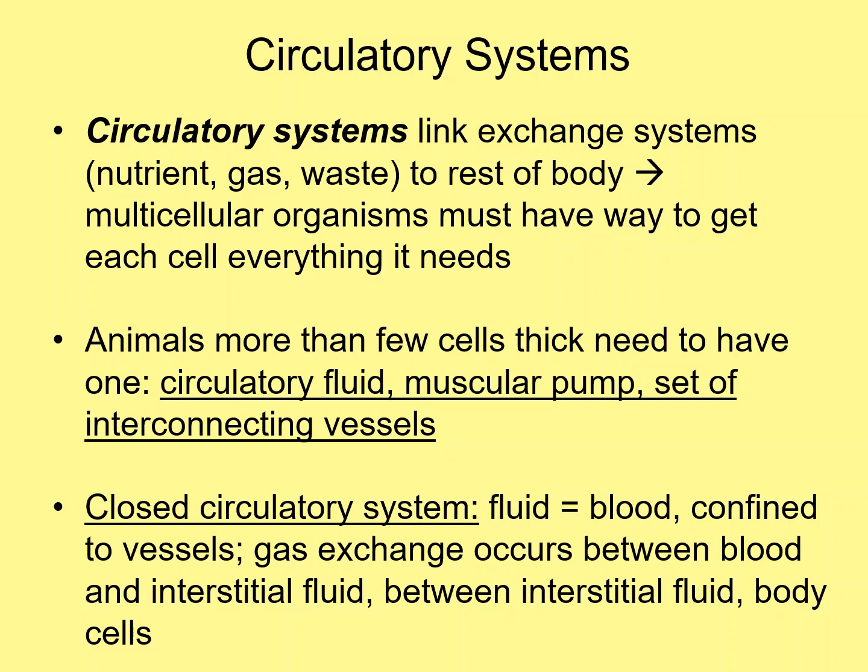Same goes for nutrients coming in from our digestive system and waste getting filtered through our kidneys. We have a blood supply in close proximity to transport epithelia. There are epithelial cells that function to transport nutrients, etc., and they're the go-between between the outside world and our circulatory system.